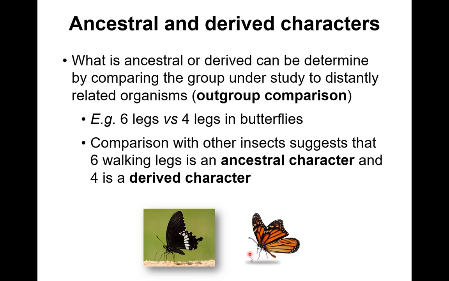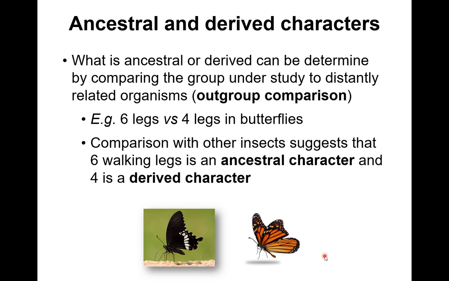But it looks like they have 4 of them. So they're defined as 4-legged butterflies. This is the monarch. You see it all the time in Toronto. In reality, they have 6 of them, as I was saying, because the anterior ones, so the ones closer to the head, are still there. The only difference is that they're short and curled towards the body, so you don't really see them.